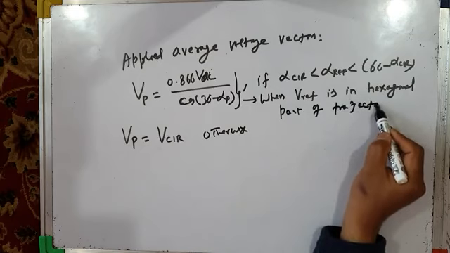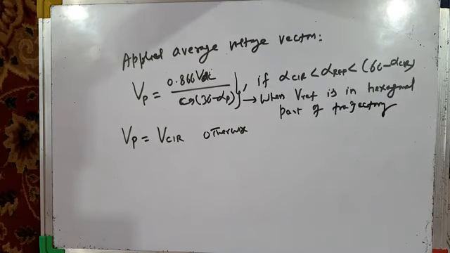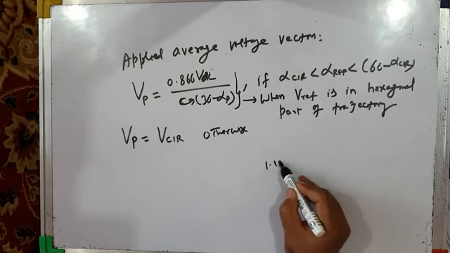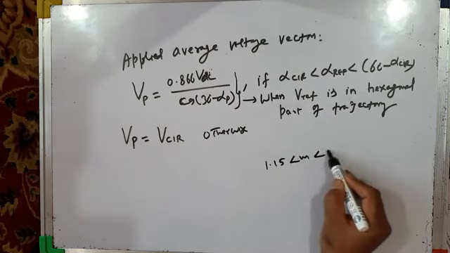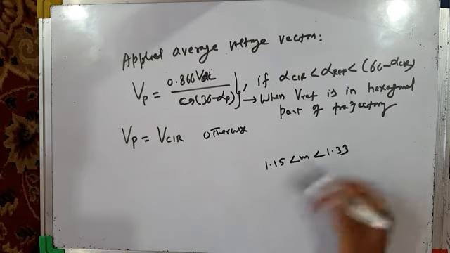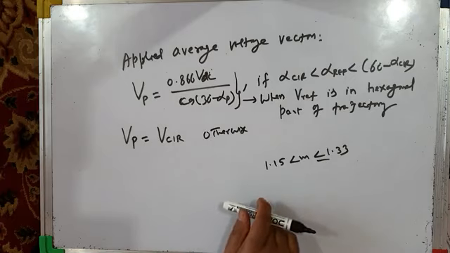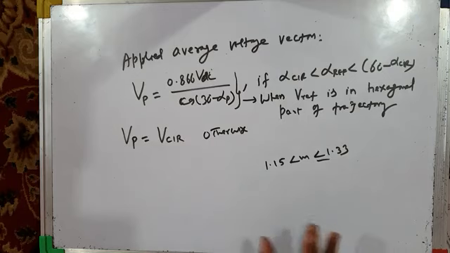We have seen that in overmodulation zone 1, just about half an hour or 45 minutes back, we discussed that if our modulation index is greater than 1.15 but less than 1.33, up to 1.33 we are in overmodulation zone 1, and in overmodulation zone 1 we have seen that the trajectory of the tip of the rotating reference vector is partly circular and partly hexagonal.